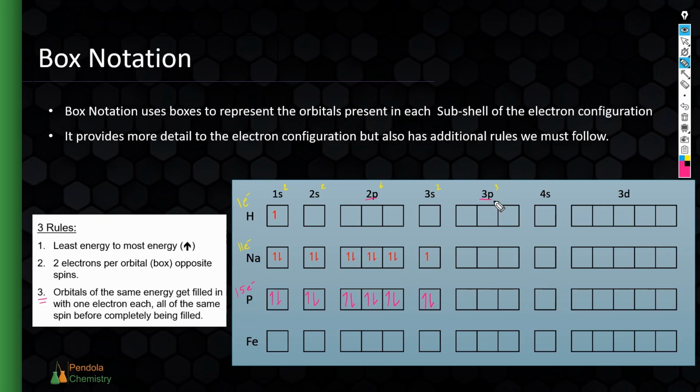So again, when we go to the 3p sublevel, we're going to see especially when we do these 3 electrons in the 3p sublevel, again, we want to do 1, 2, 3. We want to put 1 in each room or 1 in each orbital before starting to pair them up. Because it wouldn't make sense to do this. If I grab this electron and I put it here, these 2 electrons are now too close together and they're repelling each other.